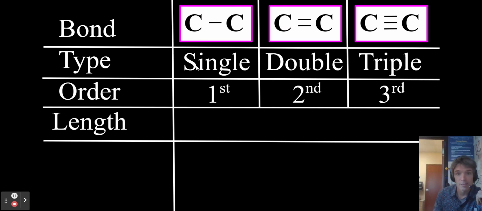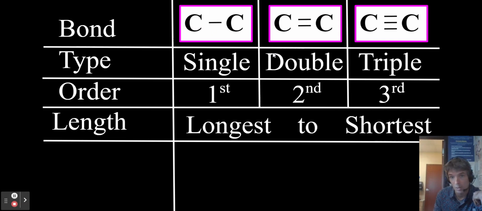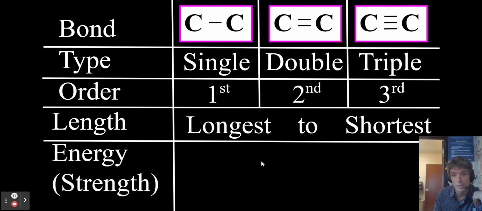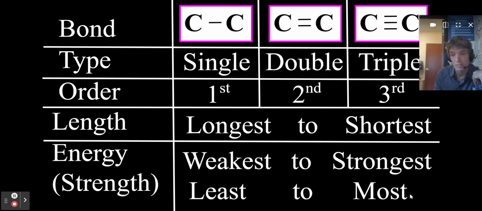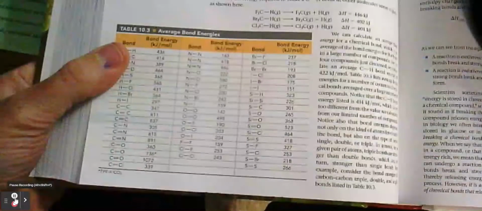And the length, in general, should decrease like we saw in the models. So it goes from the longest to the shortest, and it goes from the weakest, or the least amount of energy to break, to the strongest, to the most. Now, I'm going to flip my camera around, so let me pause it.